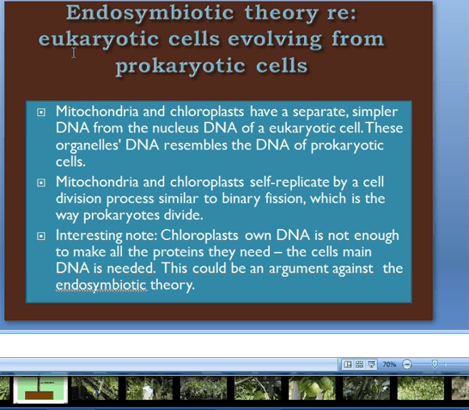But then there are some arguments against, because the DNA in those prokaryotic cells, in the chloroplasts or in the mitochondria, is really not enough DNA. There's not enough information there for that cell really to replicate on its own and make all the proteins needed. So it really needs some of the cell's main DNA to be able to do that. So just be familiar with those two theories there.